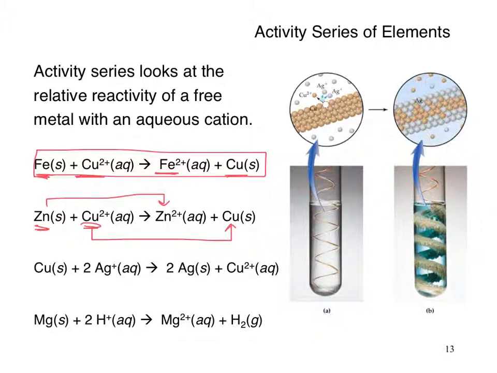The reason why this is happening is, if you go back to the activity series, you can see that both zinc and iron are higher in the series as compared to copper. So they would be able to displace copper from its combined form.